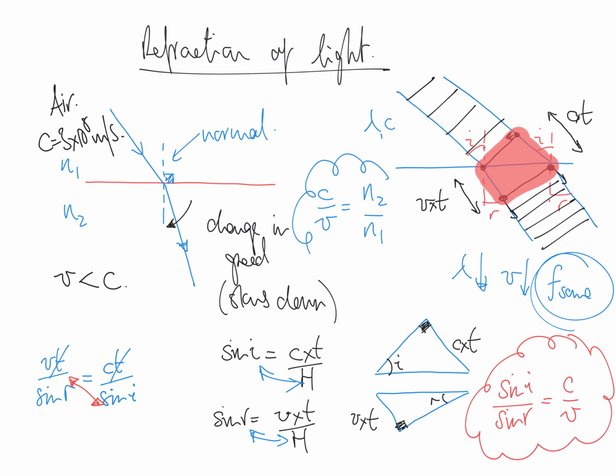The ratio of the speeds gives rise to this quantity called the refractive index. So therefore I'm just going to modify this a little bit and say it's equal to n2 over n1. Okay, so there is my proof.